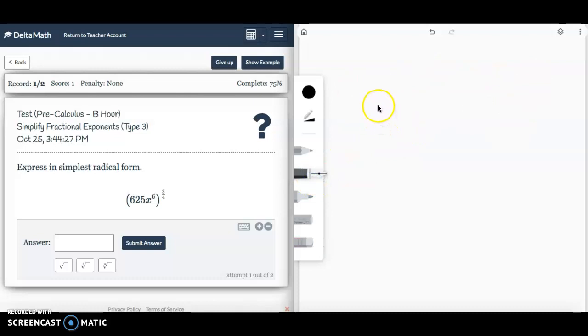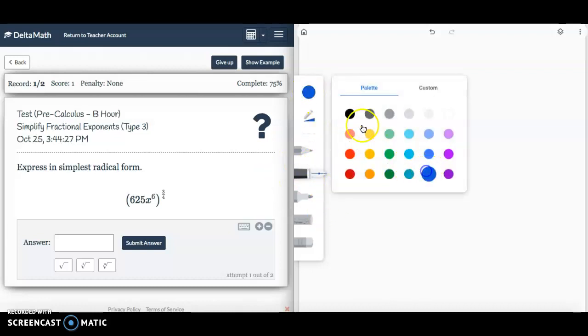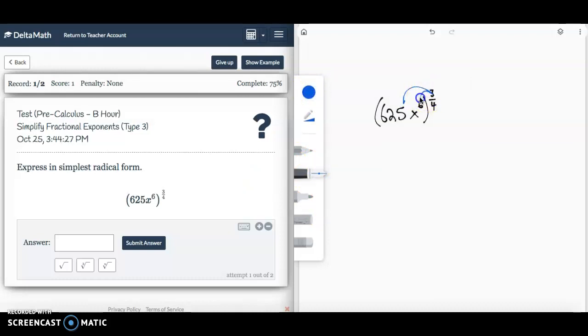All right, in this one I have 625 x to the 6, all to the 3/4. I can go ahead and distribute that exponent because I have no addition or subtraction happening inside of here. So I'll have 625 to the 3/4. And when you have an exponential expression to another exponent, a power to a power, you multiply those.